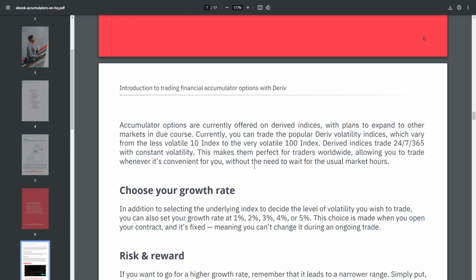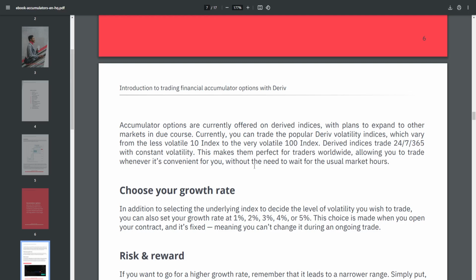Deriv indices can be traded 24/7, 365 days a year with constant volatility. That is the benefit of trading indices. You can trade them every day, every single minute, every single hour of the year. All right. Now, this makes them perfect for traders worldwide, allowing you to trade whenever it's convenient for you without the need to wait for the usual market hours.